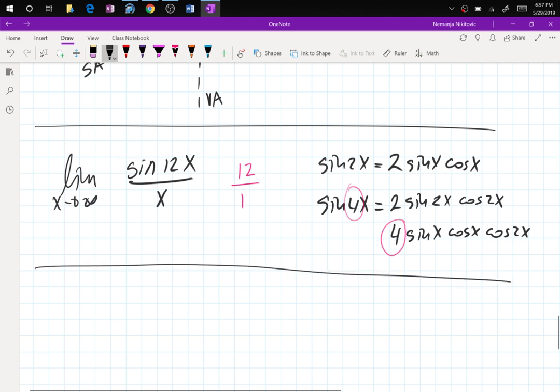Yes? How would you use the squeeze theorem for this? Because you can't get the 12 out of it, right? The problem with the 12 makes the sine oscillate very fast. That's all it does, right?